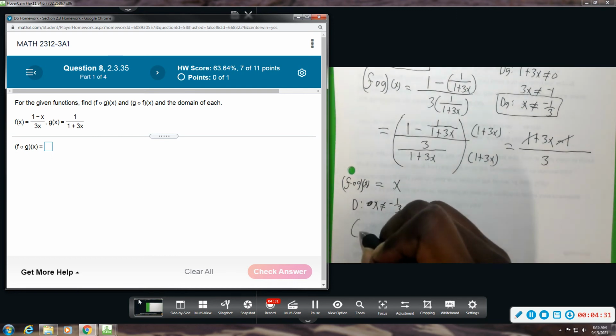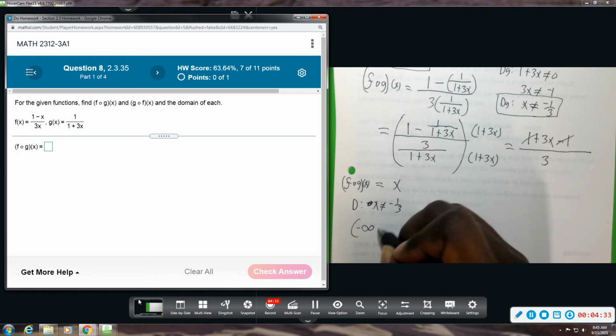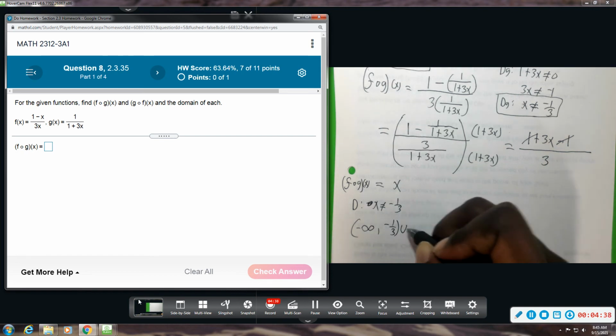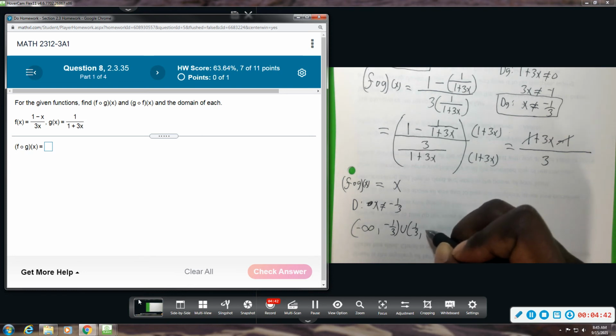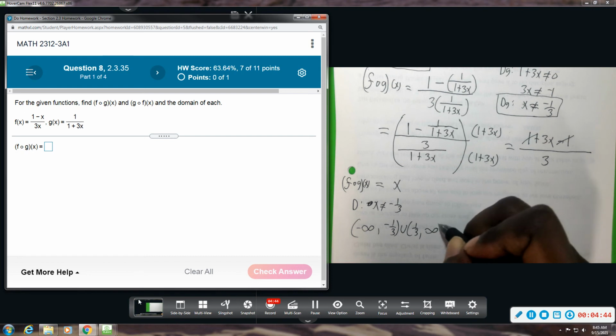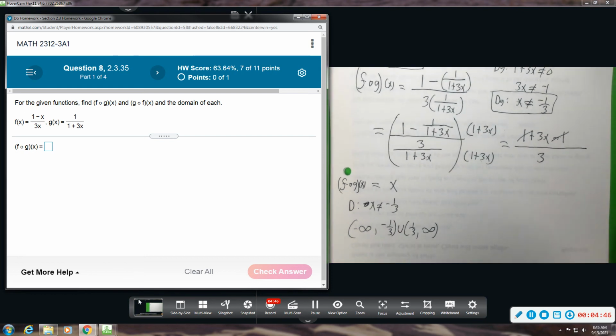In interval notation, that would be negative infinity all the way to the left side of negative 1 over 3, union negative 1 over 3 all the way up to the right side to positive infinity. So this would be our domain.